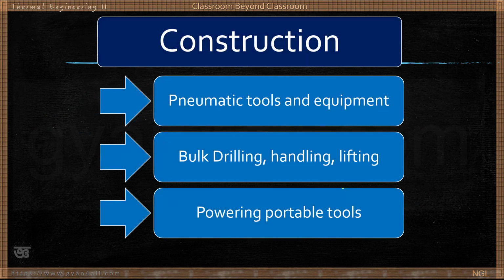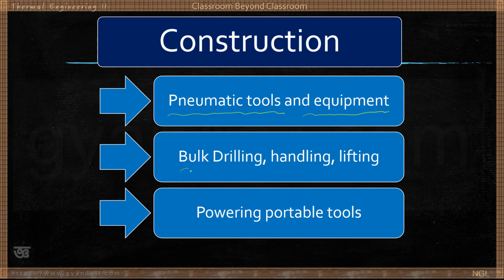Now if we say construction, at a construction site we need some pneumatic tools. Pneumatic, you know, works based on fluid pressure. Some equipment and tools use the pneumatic principle, and for that a compressor may be useful.